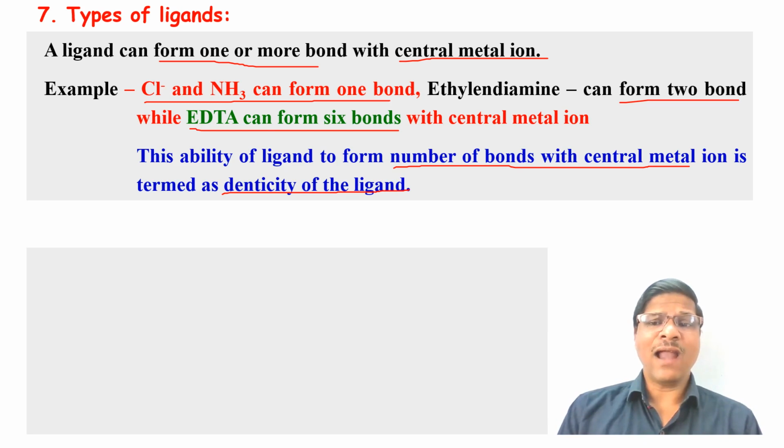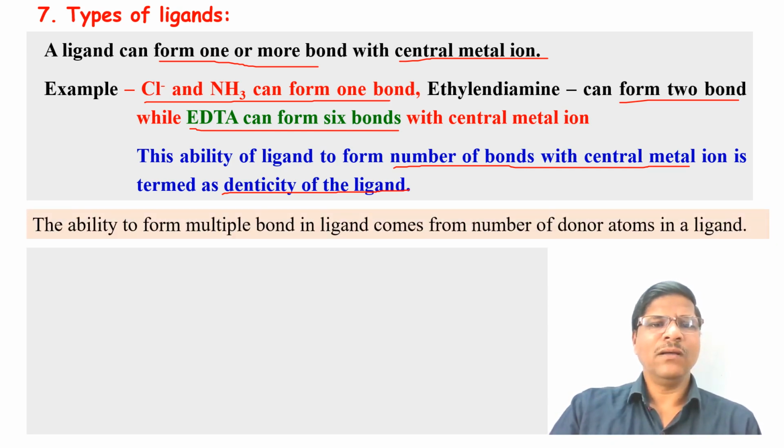Like that, the ligand holds the metal ion by coordinate bonds, and hence the term denticity. With the help of the number of bonds, that is the teeth, the ligand holds the metal ion at the center in the coordination complex. So what is denticity? The number of bonds formed by a ligand with the central metal ion is nothing but the denticity of the ligand.